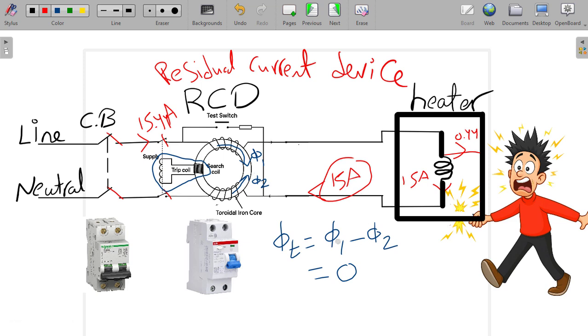So phi 1 minus phi 2 will not equal to 0. It will have a value now. So this tripping coil will be activated and will cause this circuit breaker to be open, to be tripped. So we have now rescued this poor guy, because we have opened the circuit. And if you come again and start to close this circuit, it will be opened.